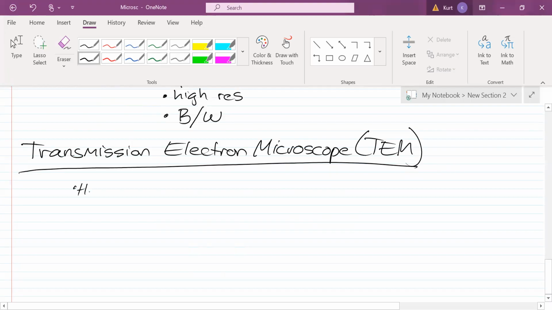So in this case, high energy electrons are shot right through whatever it is you're trying to look at, and it projects an image.